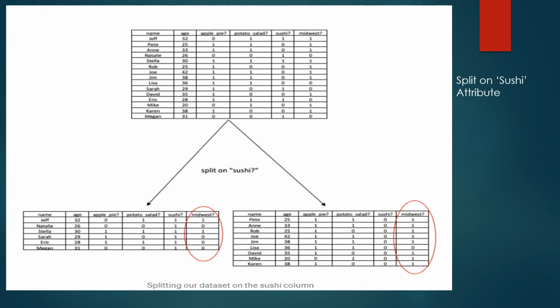Our left split has 2 people out of 6 from the Midwest. The right split has 8 out of the 9 people from the Midwest. This was an efficient split and lowered our entropy on both sides. If we were to continue, we could use recursion to keep splitting each split with a goal to end each branch with an entropy of 0. We see the variable or column with the highest information gain is sushi.